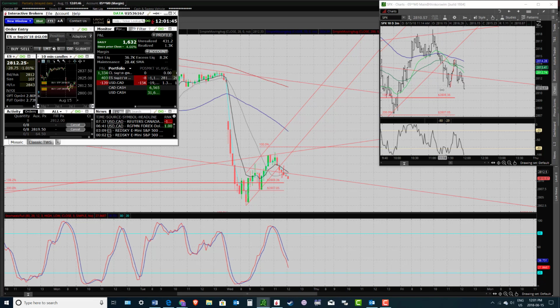Alright, we got below the low. Now we're coming down. See if we can hit our 28.09 reverse fib target. Getting nice and close there.